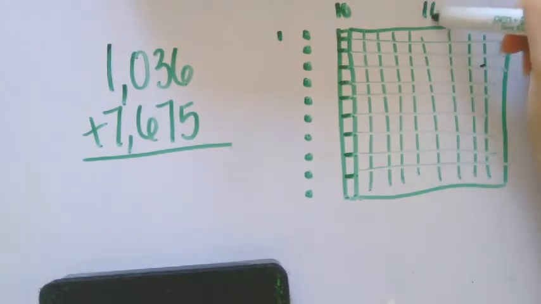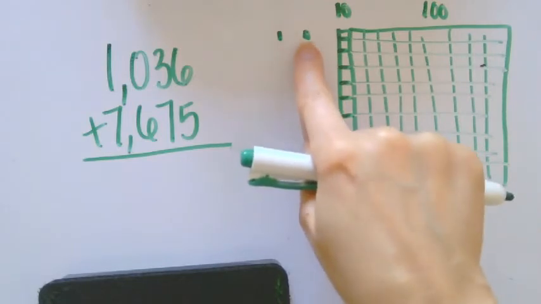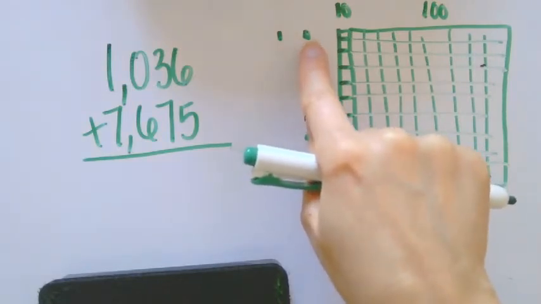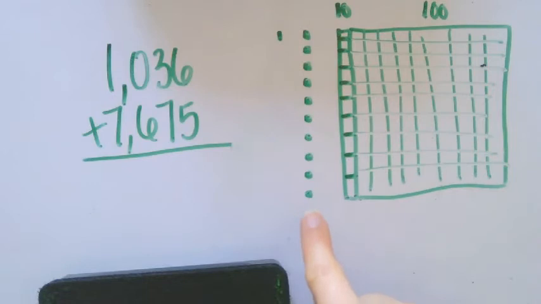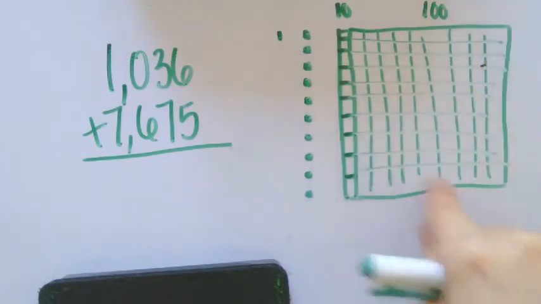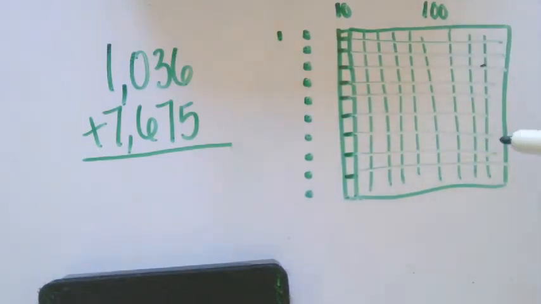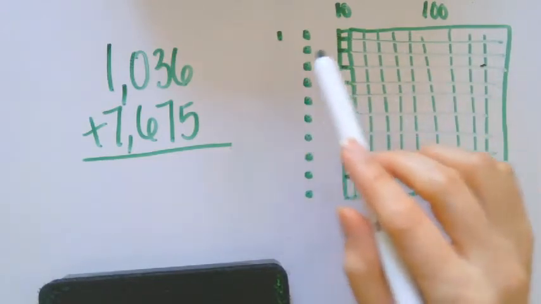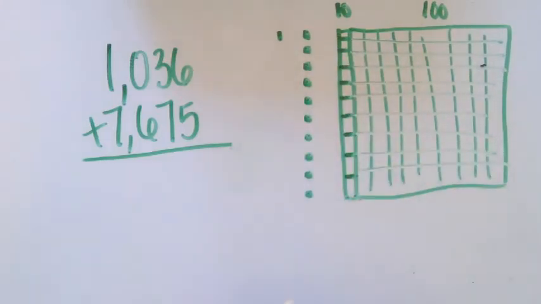Okay, so 1 small cube equals, again, 1. 10 small cubes equals 1 rod of 10. And 10 of these rods would give you 1 flat, or 100. Okay, so just understanding where the ones, tens, and hundreds really do add and build onto each other.